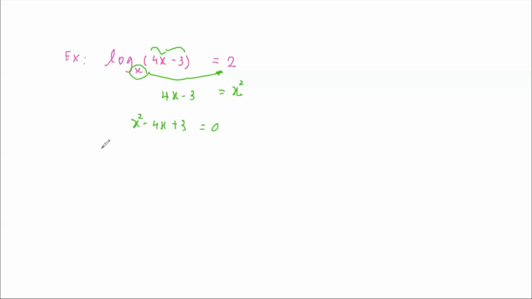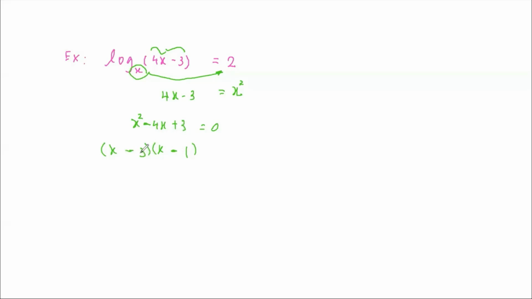Then you can factor it. x, 3 here, 1 here. And because we need the middle term with a negative sign, 4x, this one should be negative. Because we can check negative 3 times negative 1 becomes plus 3.